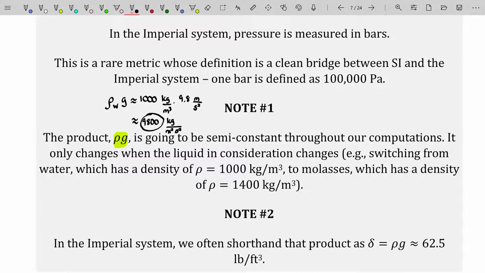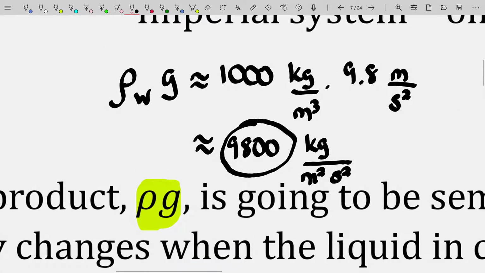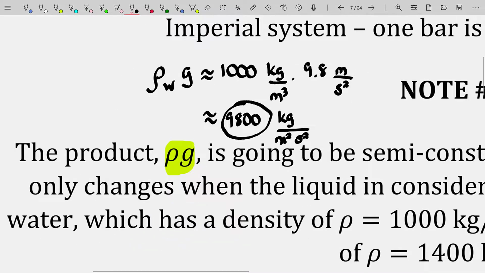For example, switching from water, which has a density of 1,000 kilograms per cubic meter, to molasses, which has a density of 1,400 kilograms per cubic meter, well, that obviously is going to change this constant 9,800 significantly because our density for molasses is higher. That's okay. Just once you have the liquid in question and you're constantly dealing with that, then figure out what 9.8 times that is, and you have rho g for the rest of your work.